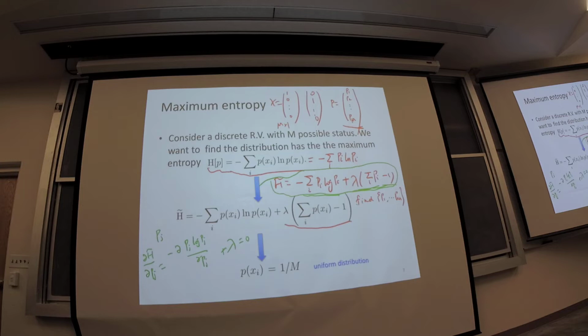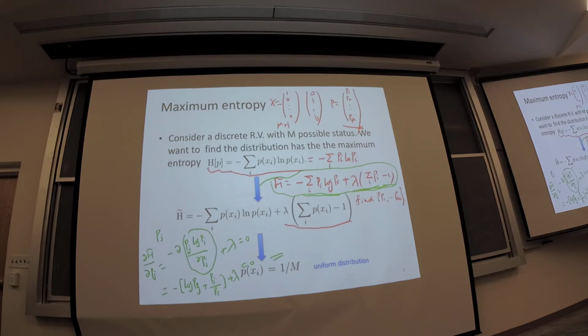Then you can calculate the partial derivative of this one, which is 1 plus the logarithm of Pj, from the derivative of Pj log Pj, plus lambda equals 0.